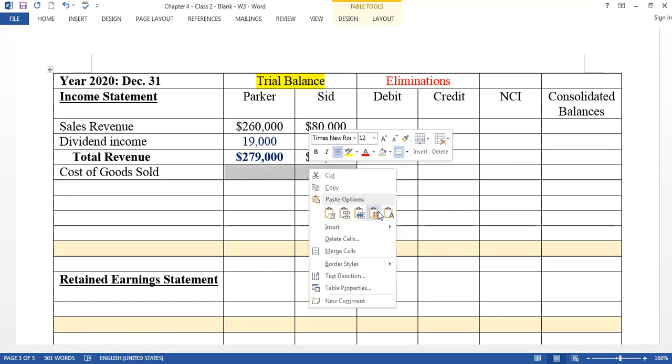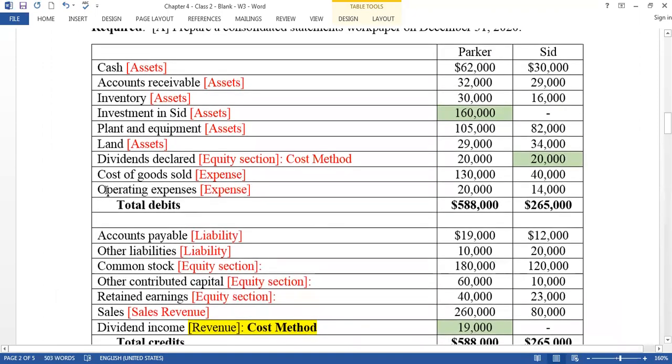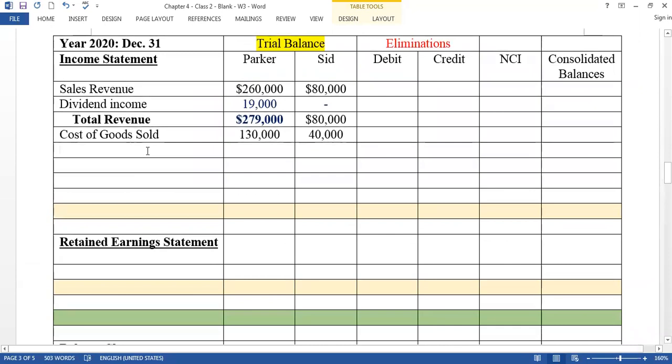According to this question, we have another expense, this one: other operating expenses. So we have these two expenses.